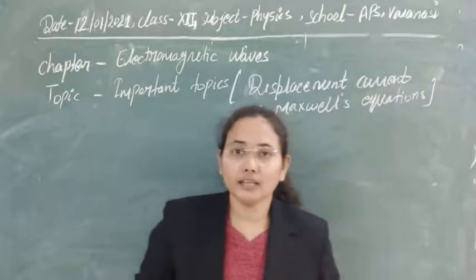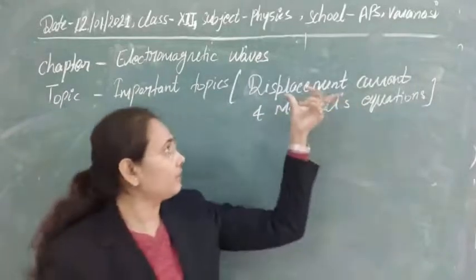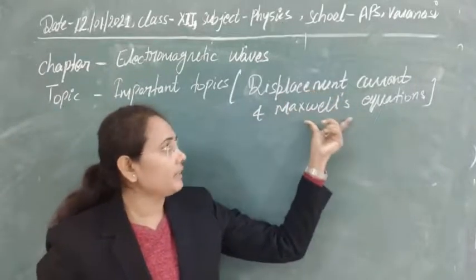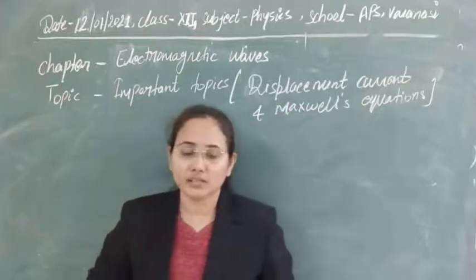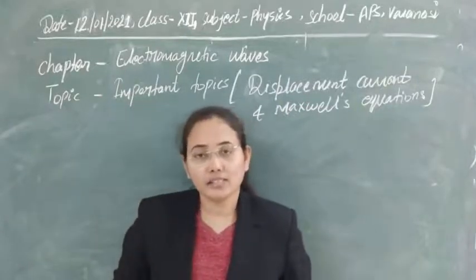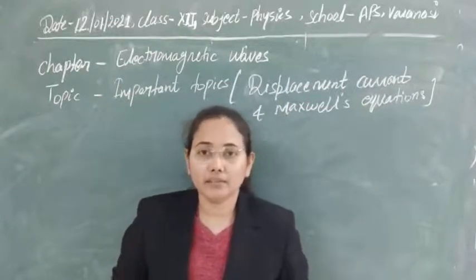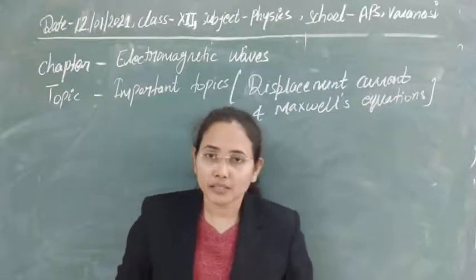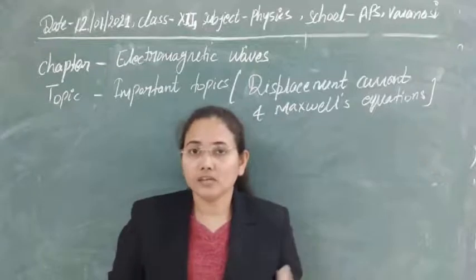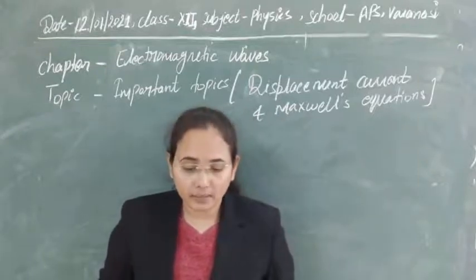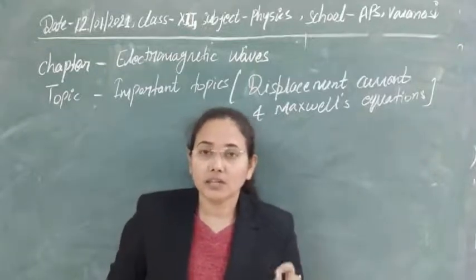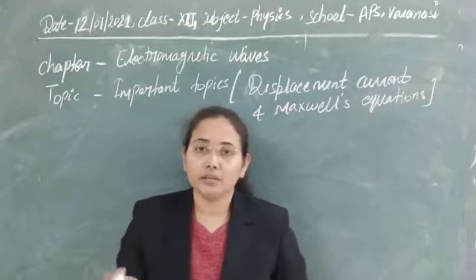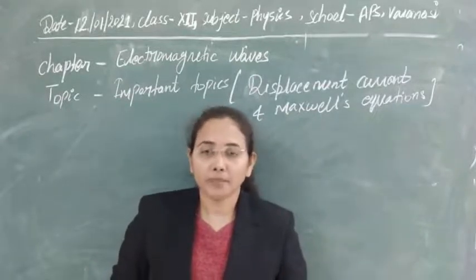So one thing that we discuss today is displacement current, and the next thing is Maxwell's equations. You have already understood the concept of displacement current in the case of capacitors, but in electromagnetic waves the displacement current concept comes again because it is given by Maxwell.